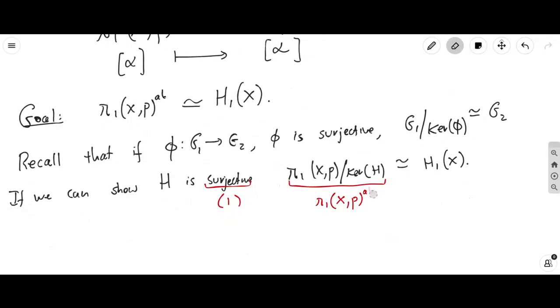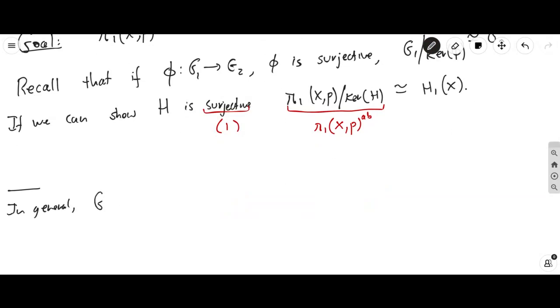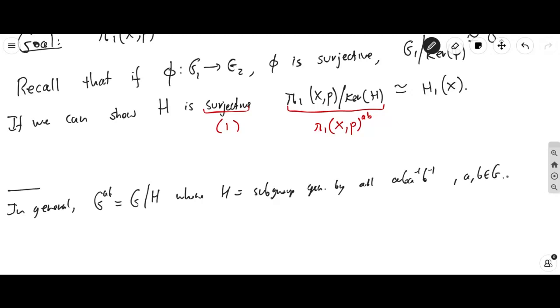How do you get the abelianized group? In general, one way of getting the abelianized group is you do G mod H, where H is the subgroup generated by all elements of the form A, B, A inverse, B inverse, where A, B vary over the group G itself.